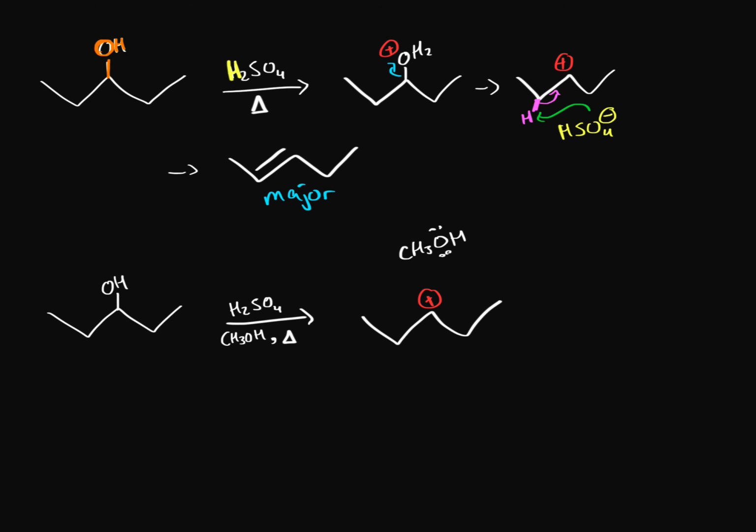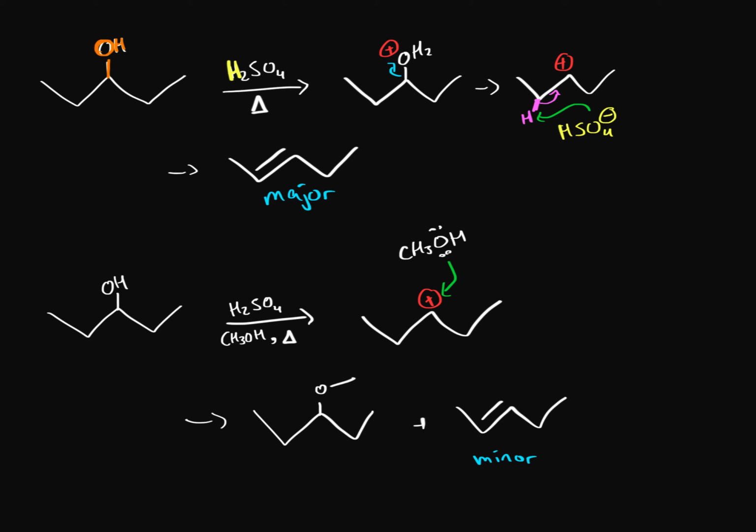And since SN1 products are usually the major product naturally, it's going to attack that carbocation, and we're going to get our SN1 product right here. We're still going to get our E1 product, just because it can still act like a weak base. But now our E1 product is no longer our major product.